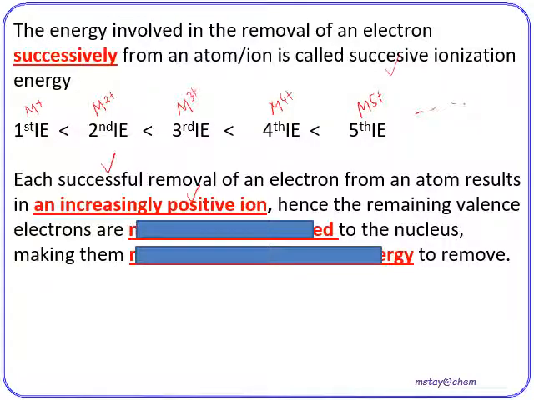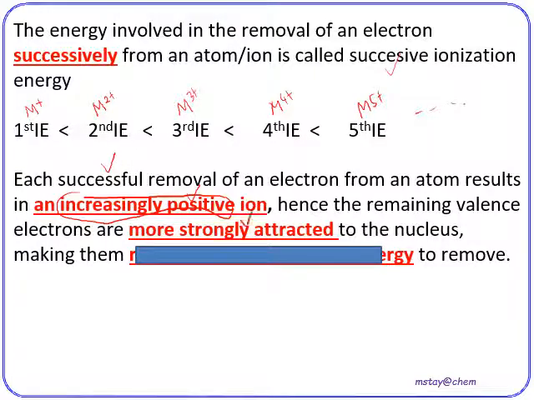So the positive charge is increasing. Therefore, the remaining electrons are more strongly attracted to the nucleus. When they are more strongly attracted to the nucleus, more energy is required to remove the electron. Do keep in mind that the more electrons you remove, the IE will keep increasing.